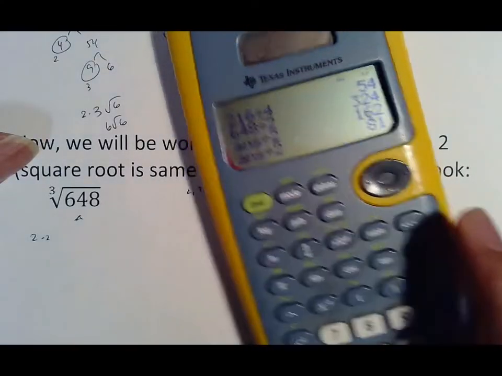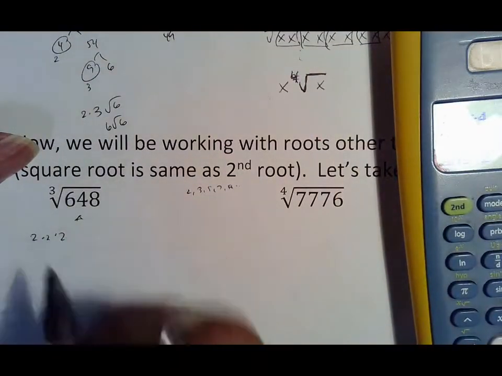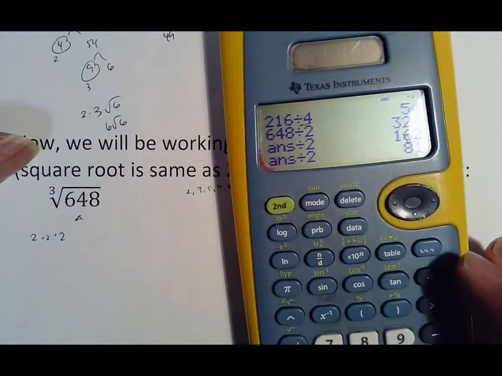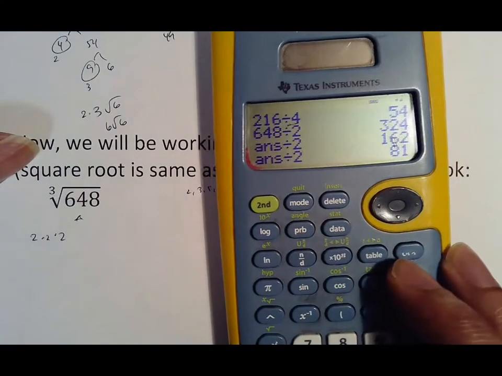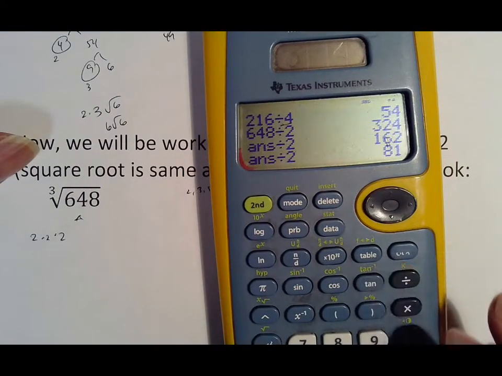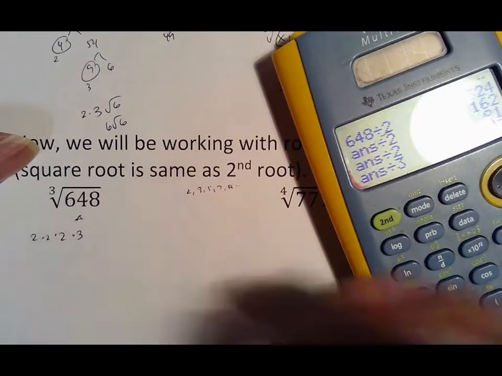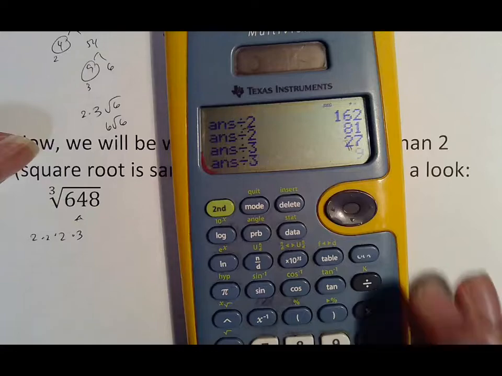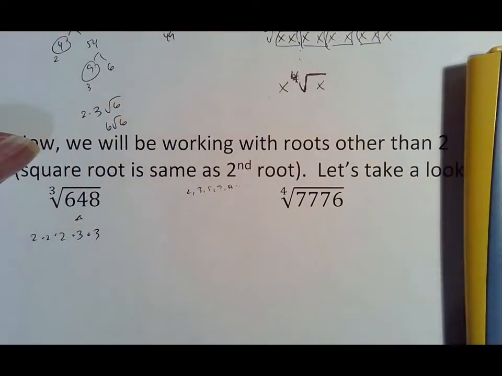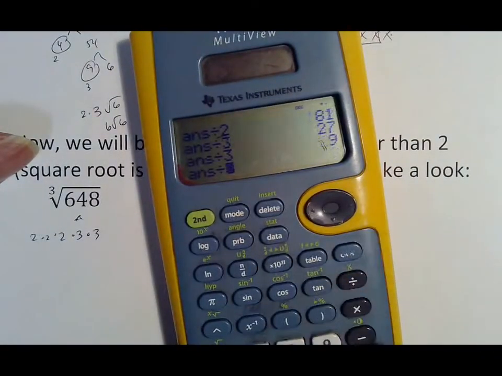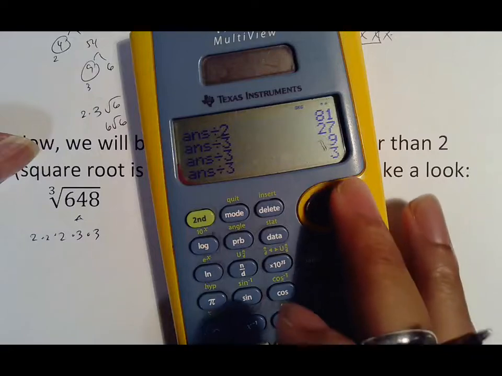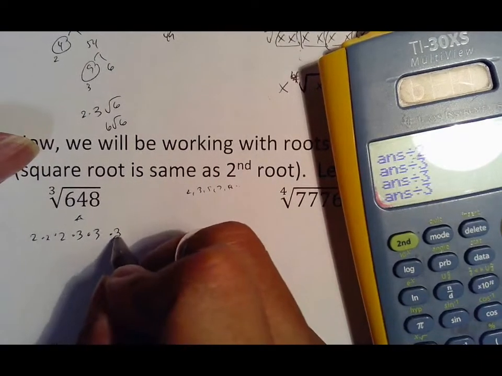Again, 2's in there, which is 81. 81 is 9 times 9, but we're going to keep breaking it down. 2 doesn't go into 81, but 3 does. 3 goes into 27. 3 goes into 9. And then there's another 3 there, so 2 more 3's.